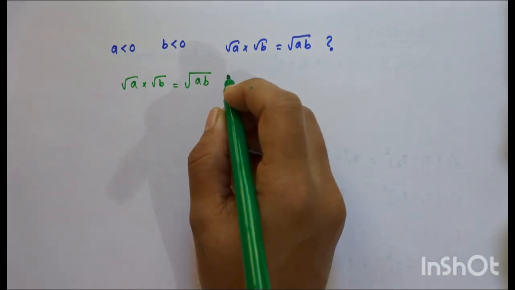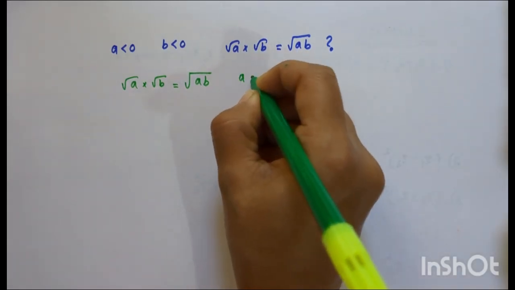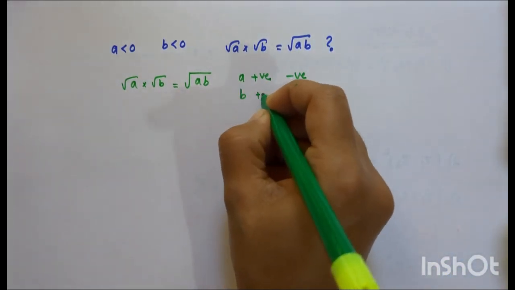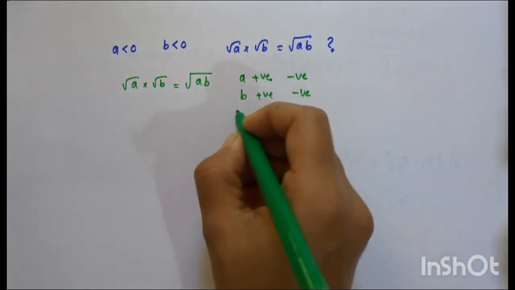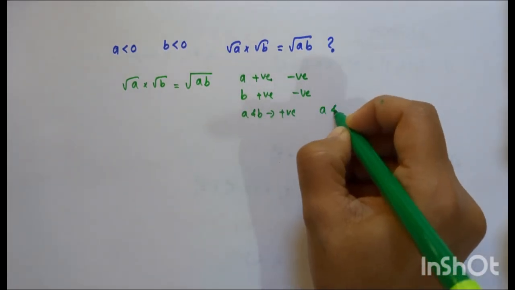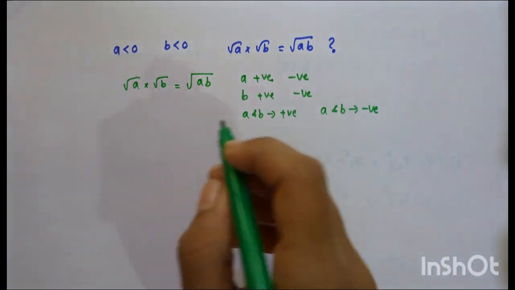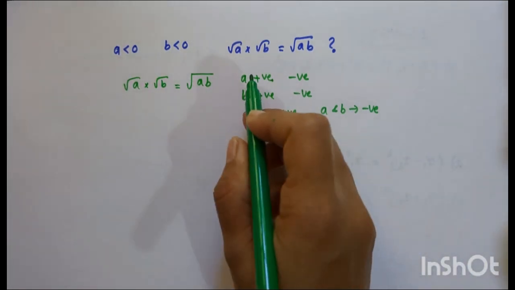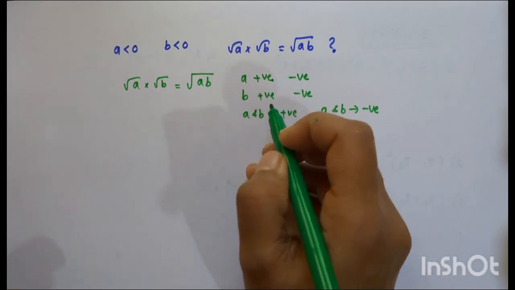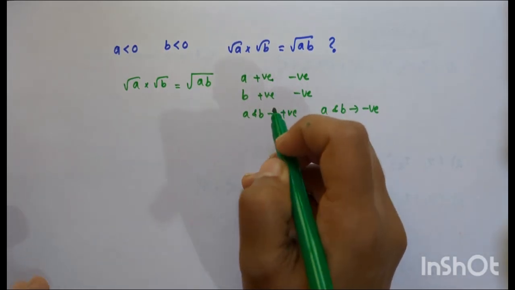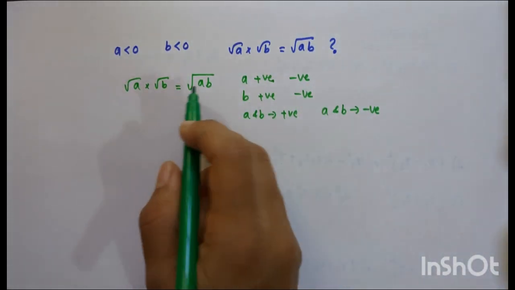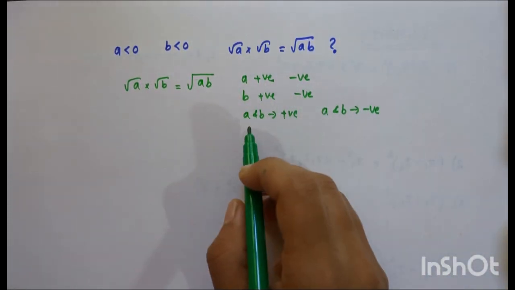That is, a can be positive or negative, b can be positive or negative, both a and b can be positive, both a and b can be negative. Let us assume that this equation is true for all these cases.